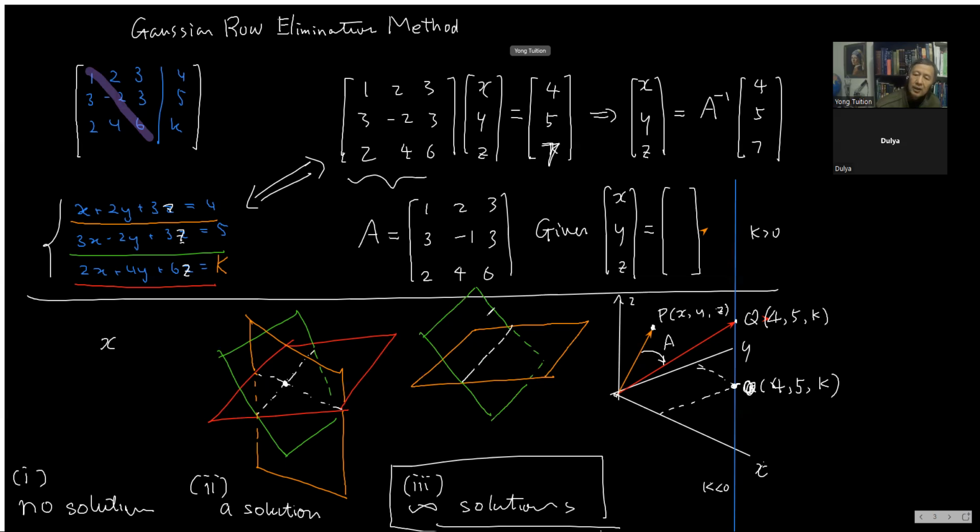Now, the third equation, that is the criterion now. If the third plane is parallel to say the first one or second one, it doesn't matter. We just assume the second plane is parallel to the first one, so we get this scenario.